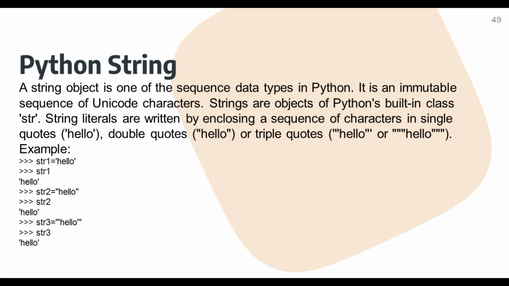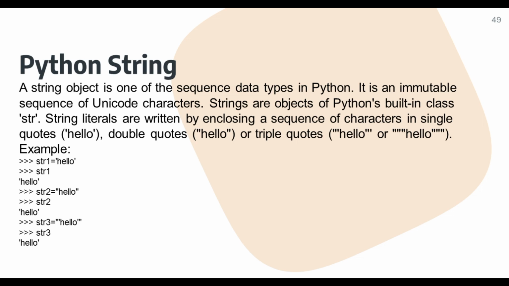So what is a string? A string is actually an object which is a collection of one or more characters in sequence. If a character, a letter, is enclosed in a single quote, double quote or triple quote, it is considered a string. A string can be a single character or multiple characters.